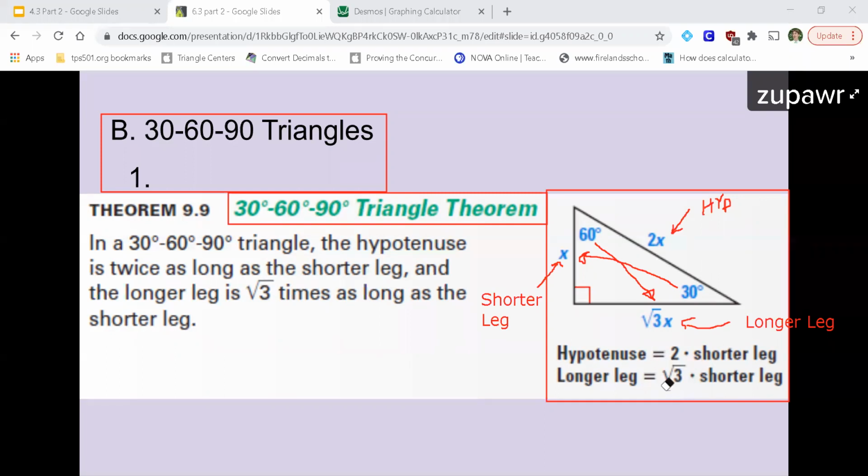These are pretty simple formulas. Right, it's just a multiplication is all it is. Okay. Do I have any questions about what you're seeing in front of you?